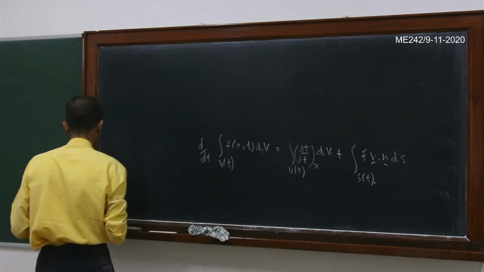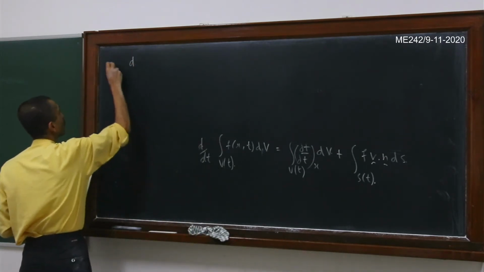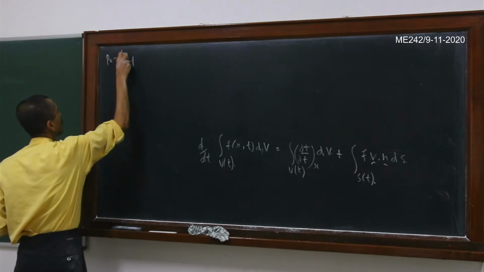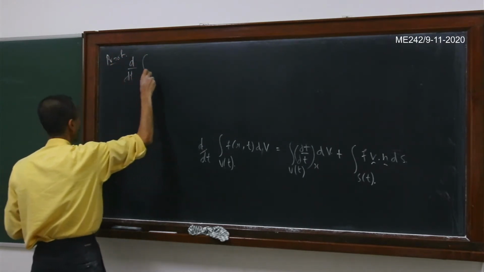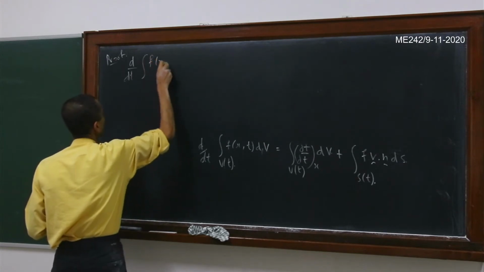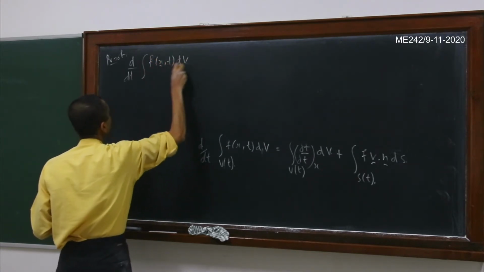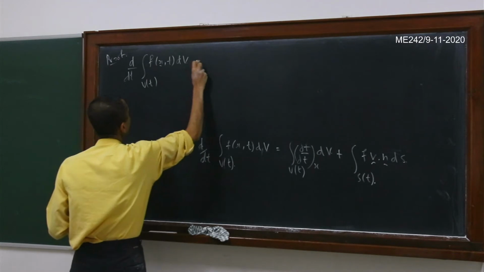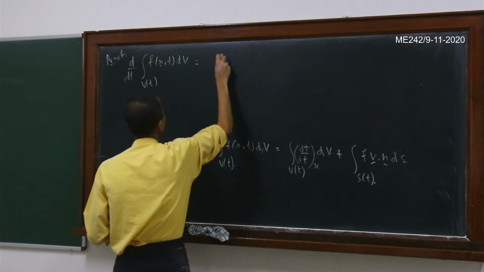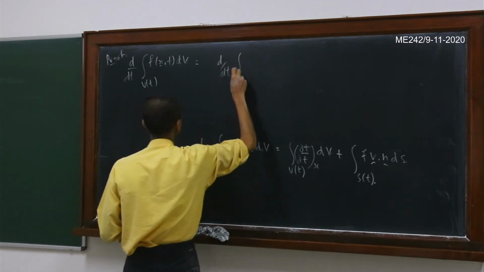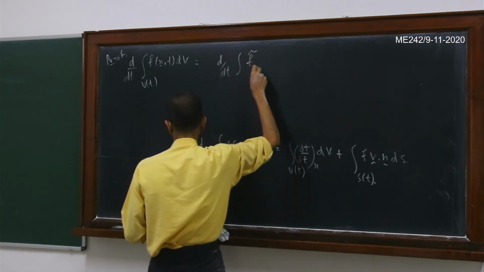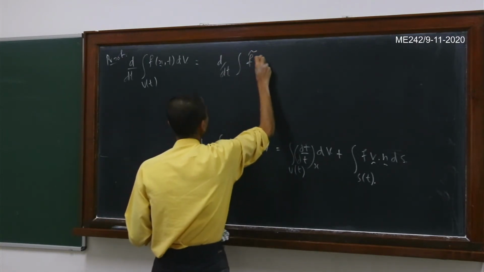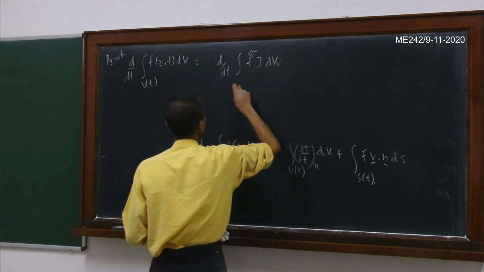As I said, let us start. So proof. d by dt of the integral of f of x comma t times dv over v of t is equal to d by dt of the integral of f tilde of X times dv naught over v naught.